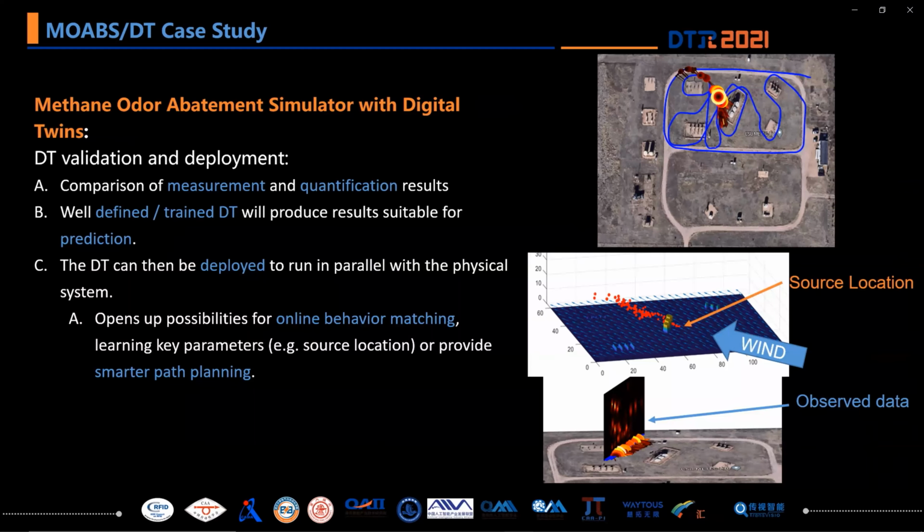The digital twin can be validated by comparing the measurement and quantification results, such as shown on the top right, where we first try to detect the source by surveying all of the equipment. And here we found a leak near these 3 tanks.